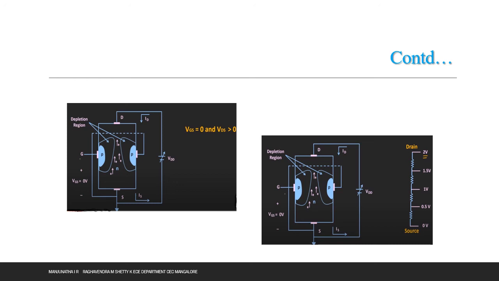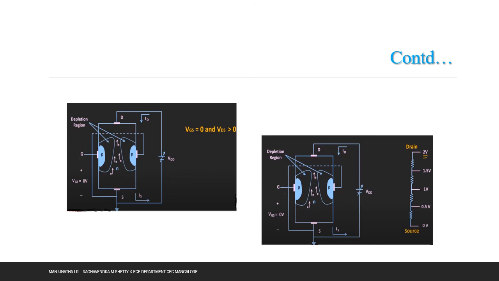From this example, the voltage drop across the first resistor is 1.5 volts. The voltage drop across the second resistor is 1 volt, which is less than 1.5 volts. And the voltage drop across the third resistor is 0.5 volts, which is still less than the voltage drop across the second and first resistors.